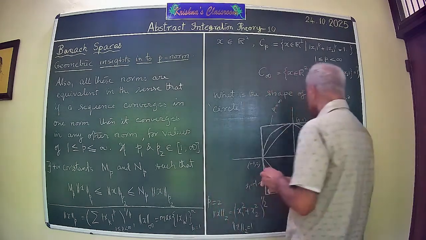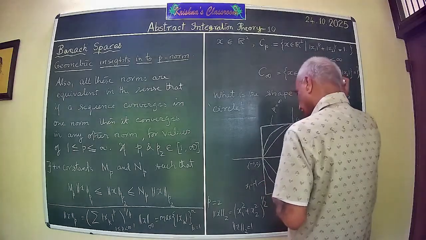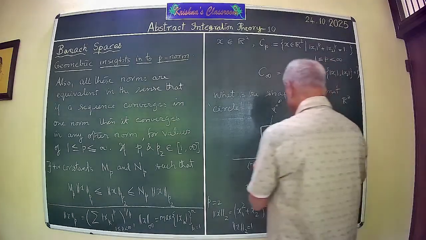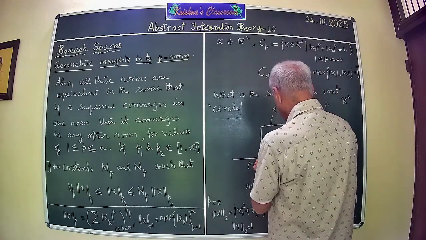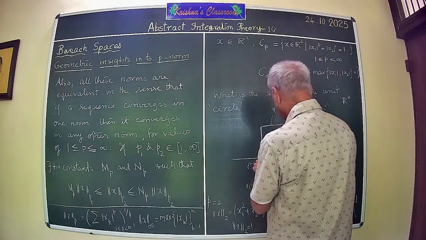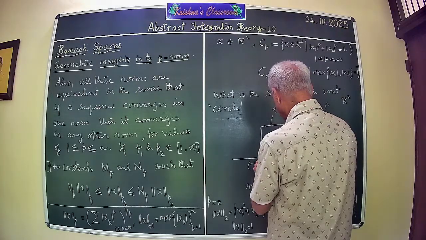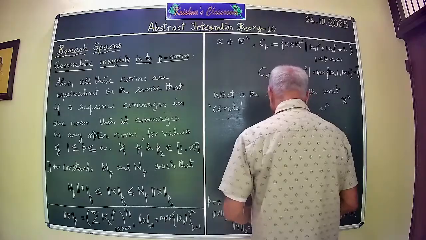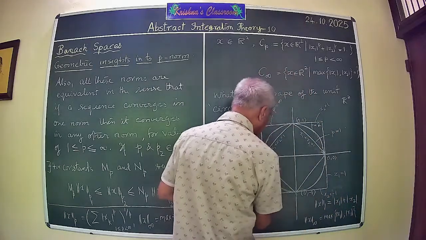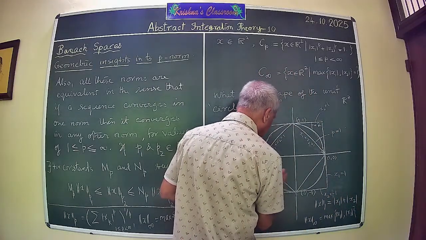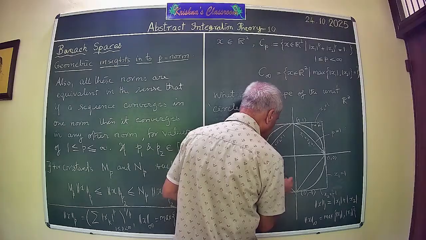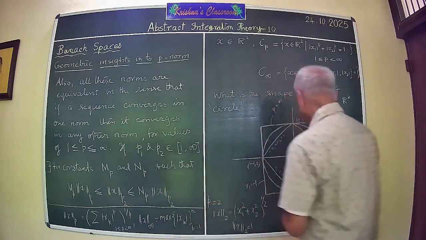Whereas this line is, see, you have this is going to be minus x1 plus x2 equal to minus 1.